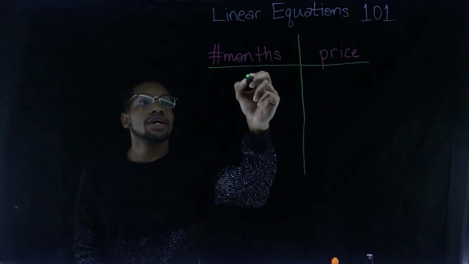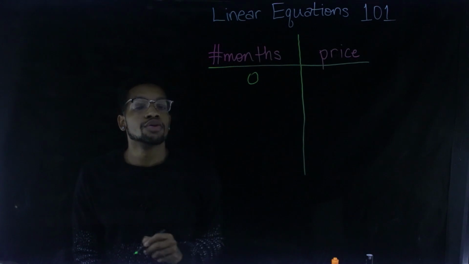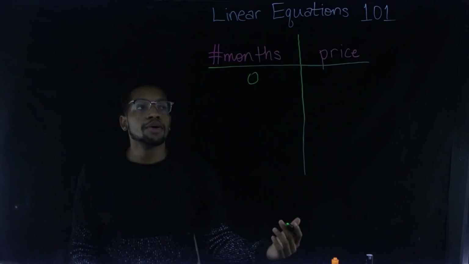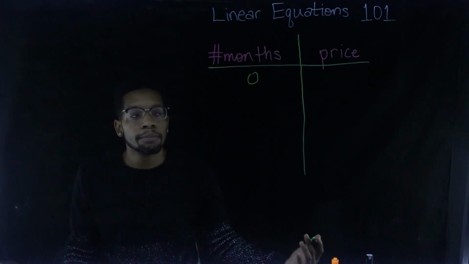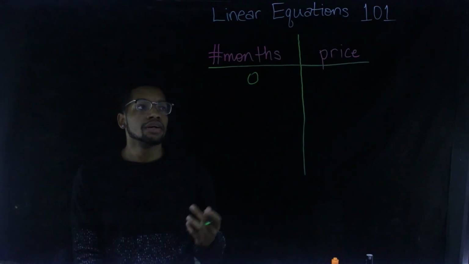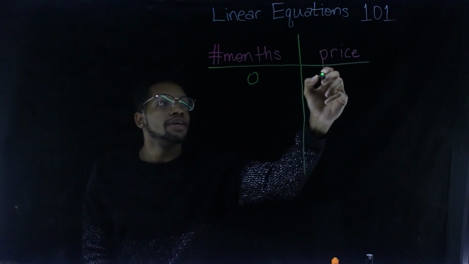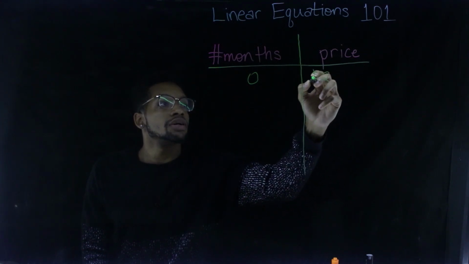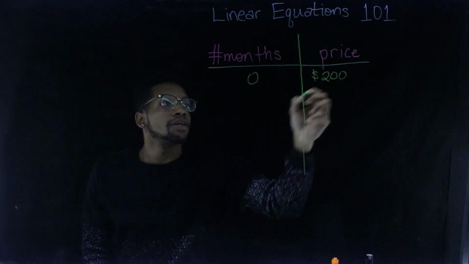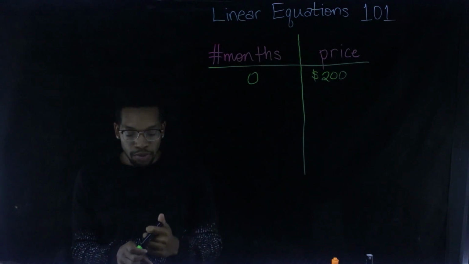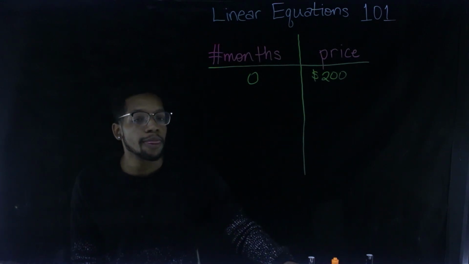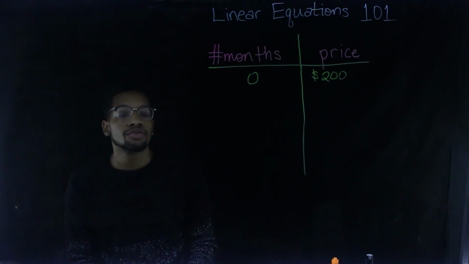So let's say no time has gone by, 0 months. Your parents are going to buy the game for you. Let's say you find a bundle deal, and it's $200 for the game and the console. We haven't even started considering months yet, but we've paid $200 so far.